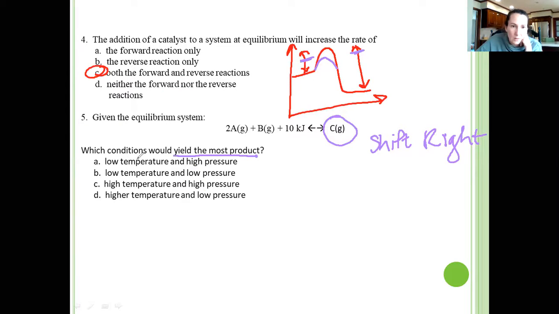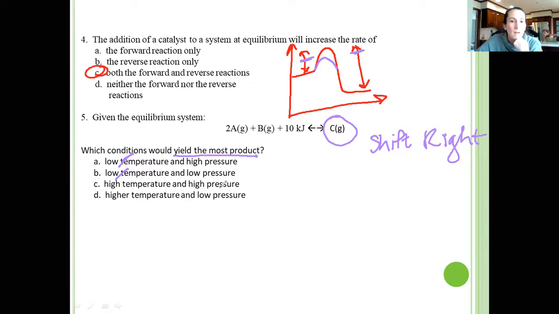Okay, so low temperature will slow things down. So you can also think about it if you lowered the heat, it would shift left and it would favor the reactants. So it can't be anyone with low temperature. So high temperature causes more collisions, and that's why in an endothermic reaction, it'll shift to the right.